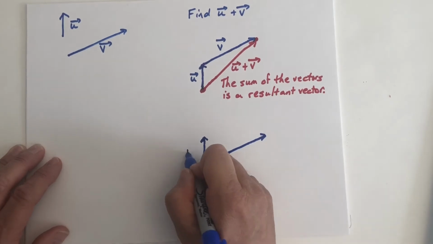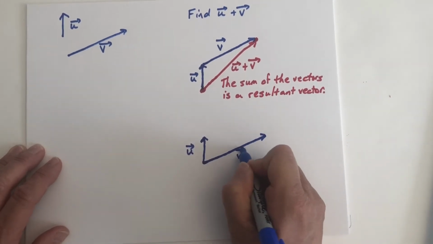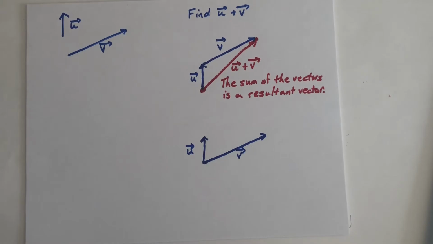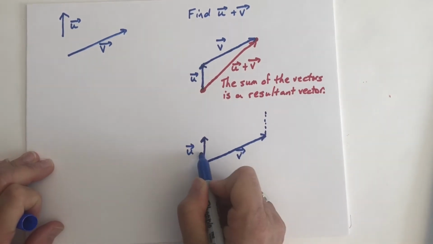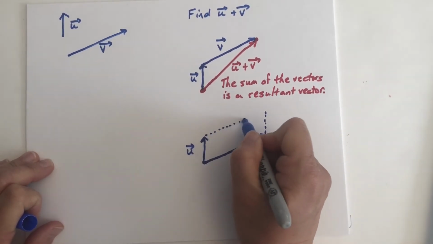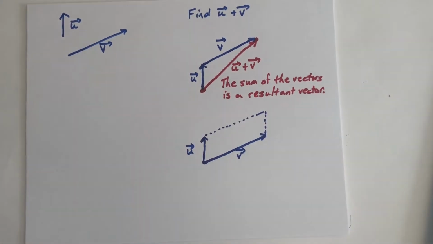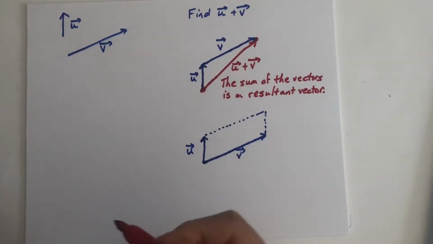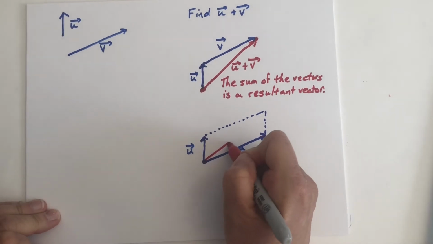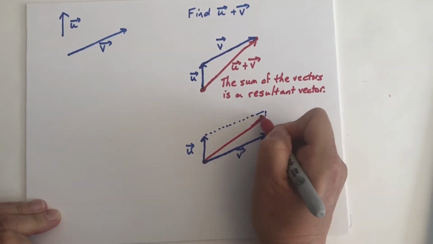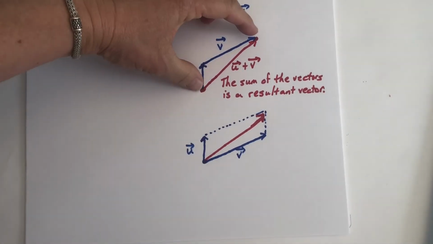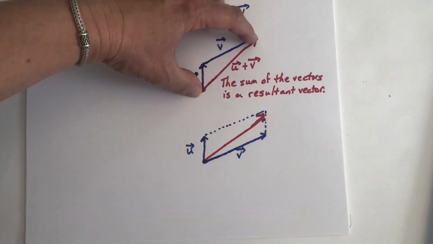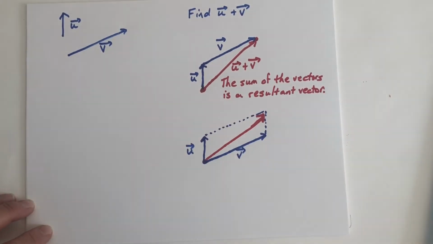So here's my vector U and here's my vector V. If I now draw a parallelogram, so I'll draw this side parallel to this one and this side parallel to this one, and we draw the vector that is the diagonal. Oop, I missed it a little bit. That would be the resultant vector, and you'll notice those are equal vectors. They have the same length and they go in the same direction.